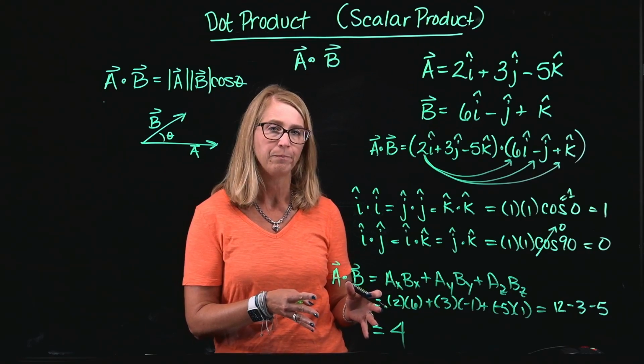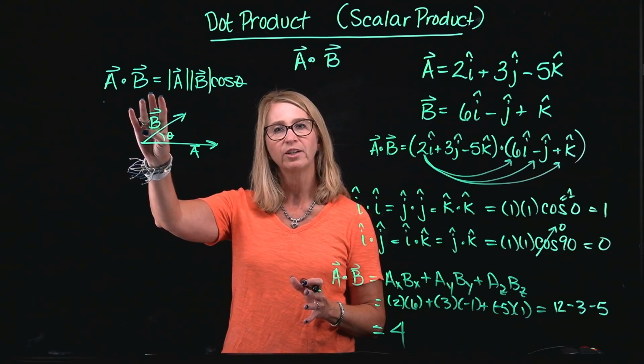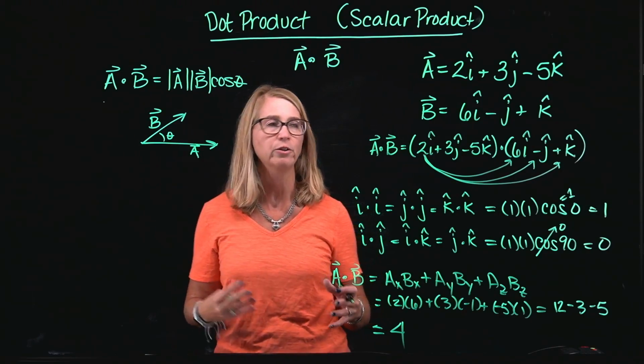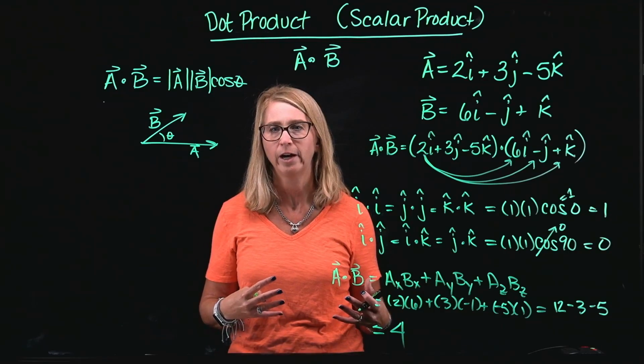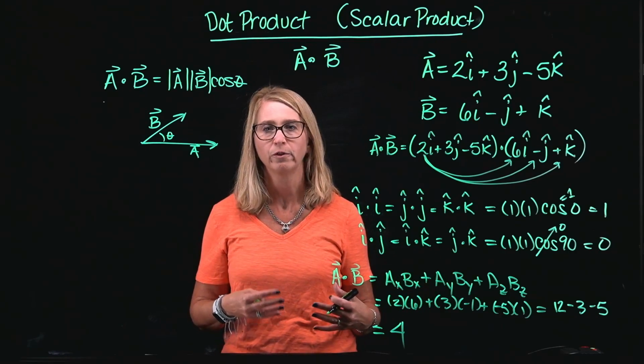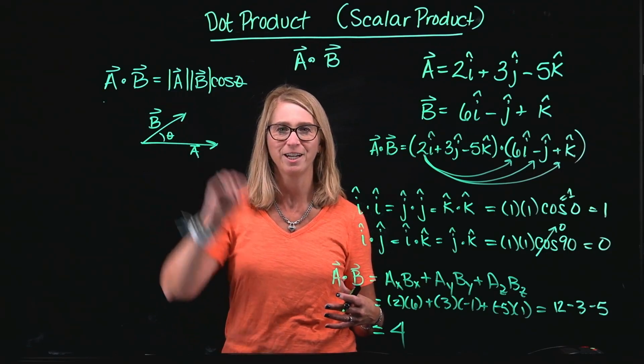Once we've done that, we can go back to this expression and use it to figure out what the angle is between A and B, which I honestly had no way to figure out. I could probably work on it for a really long time and maybe figure it out, or I could just do this.